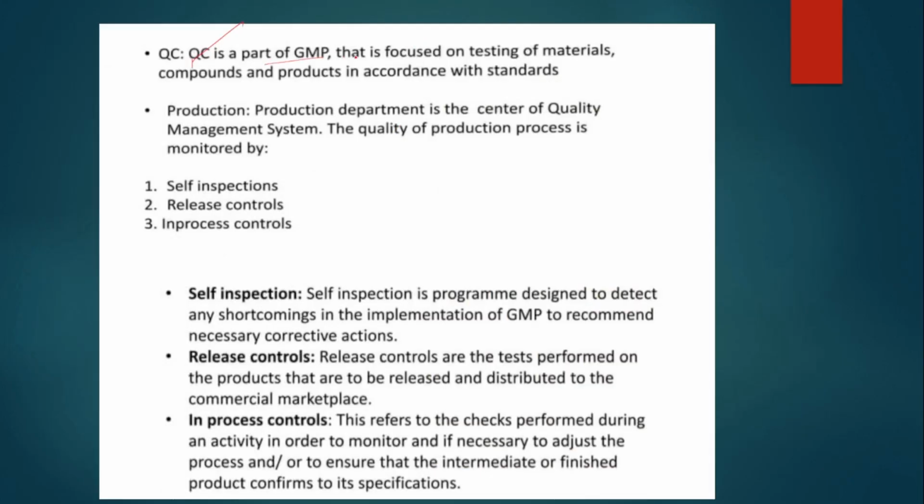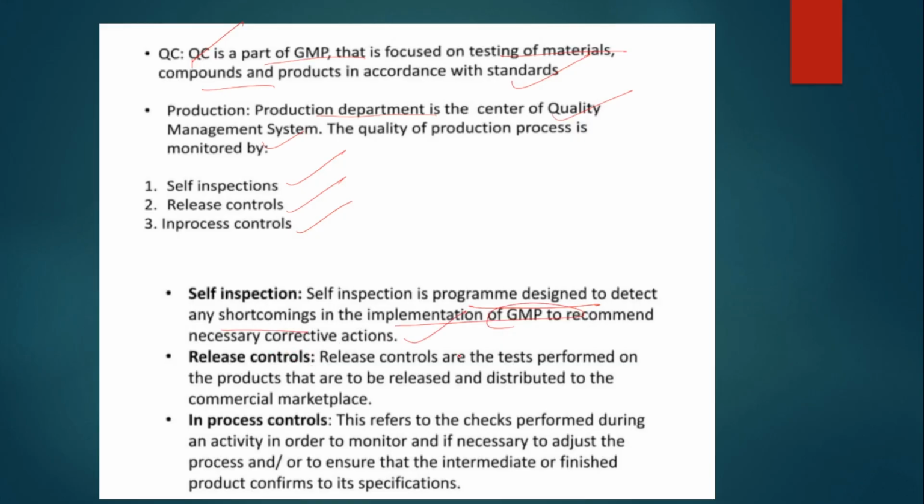QC is a part of GMP that focuses on testing of materials, compounds and products in accordance with standards. The production department is the center of the quality management system. The quality of the production process is monitored by self-inspections, release controls and in-process controls. Self-inspection is a program designed to detect any shortcomings in the implementation of the GMP and to recommend necessary corrective actions.